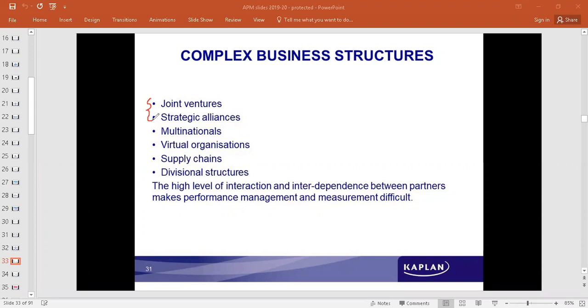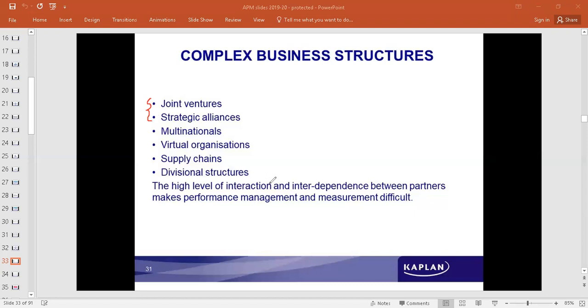The supplier supplies the material, it is received by the factory of an organization, the manufacturing activities are carried on, then the goods are moved to the warehouses, and then ultimately to the customer. So it's a sequence of activities, a chain, isn't it? So that's supply chain. Digital structure we just looked into.